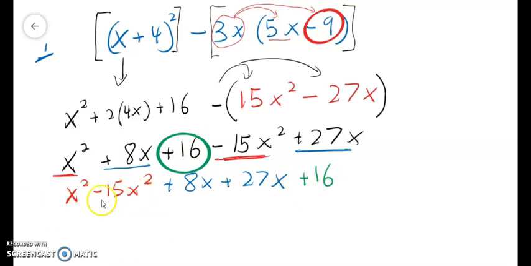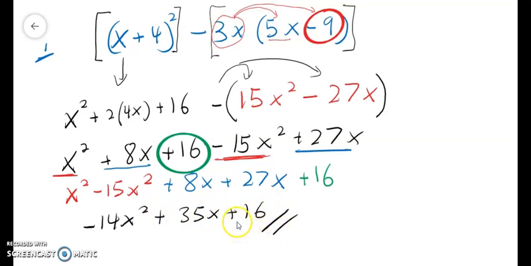Now we can actually compile this. Simplify this one, you got a negative 14x squared, and here is a 35x plus 16. This is how you simplify an algebraic expression.